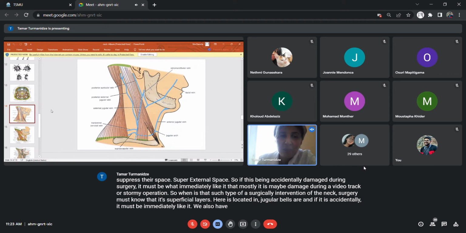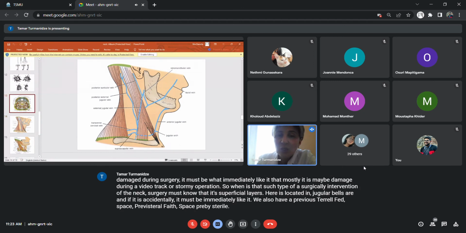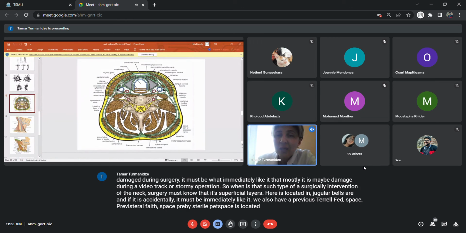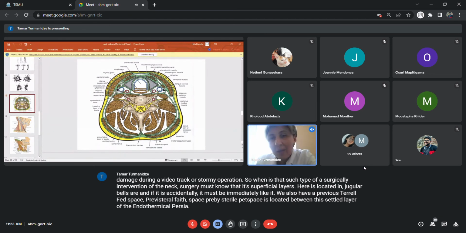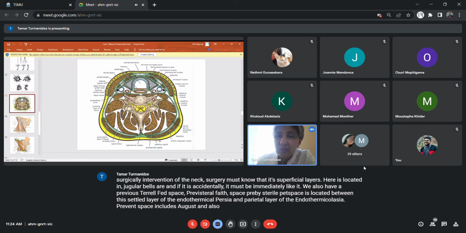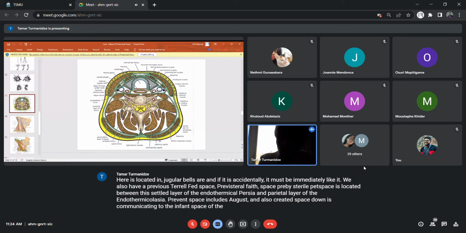We also have the previsceral fat space. The previsceral fat space is located between the visceral layer and the parietal layer of the endocervical fascia. It includes organs, and it is communicated downward to the fat space of the anterior mediastinum.